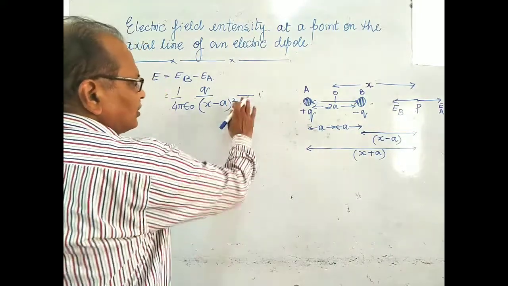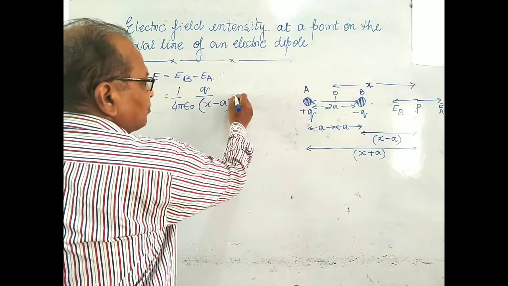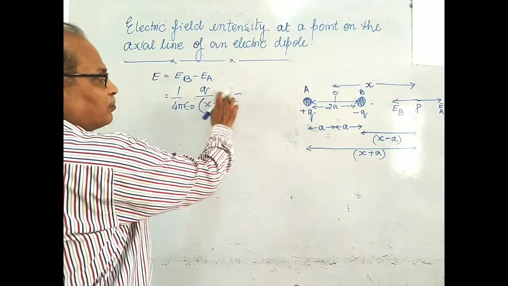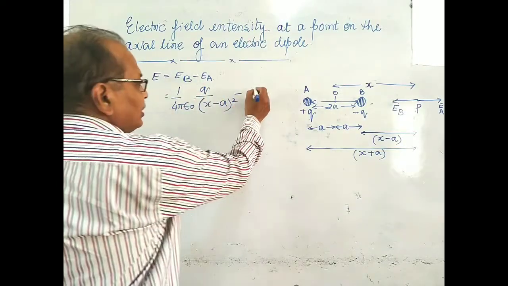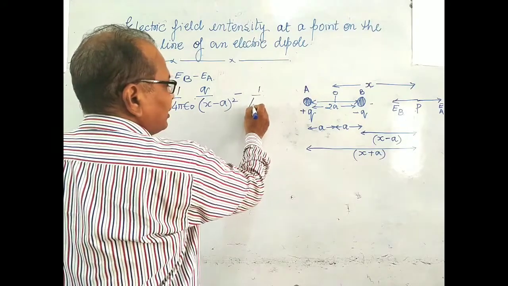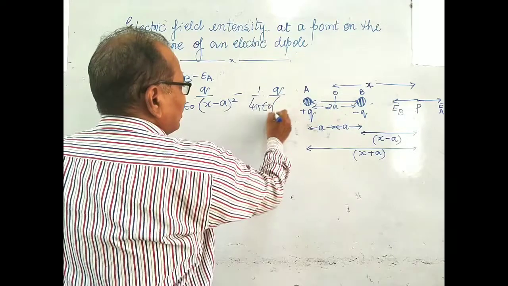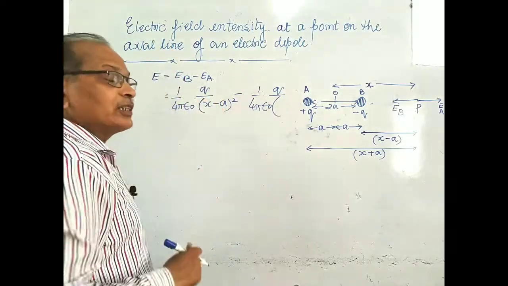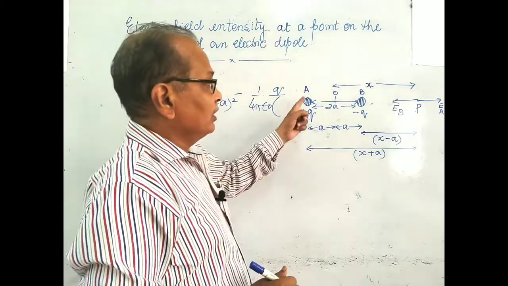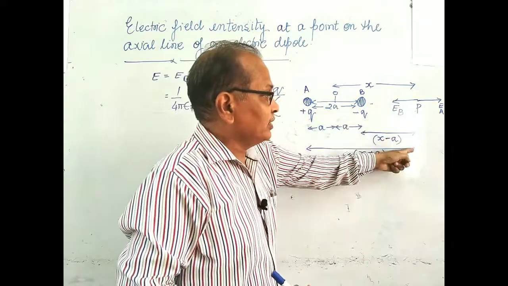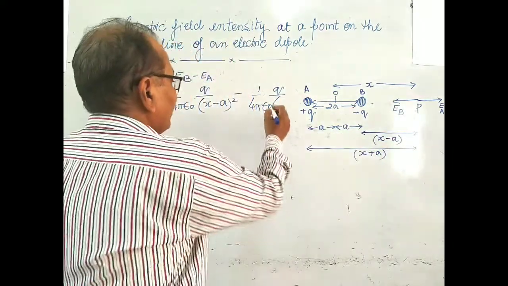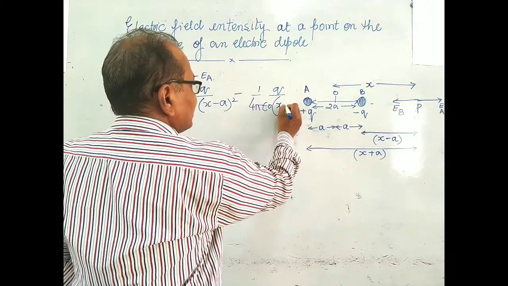Or you can directly subtract EA here. It is 1 upon 4 pi epsilon naught, q upon, what is the distance from A to point P? The distance is x plus a, so you can write x plus a whole square.